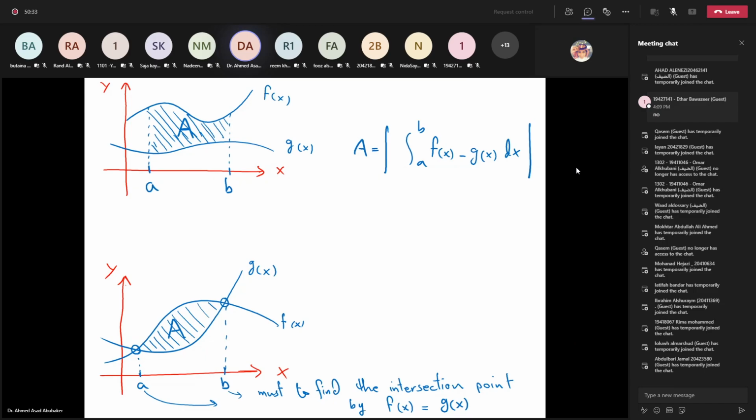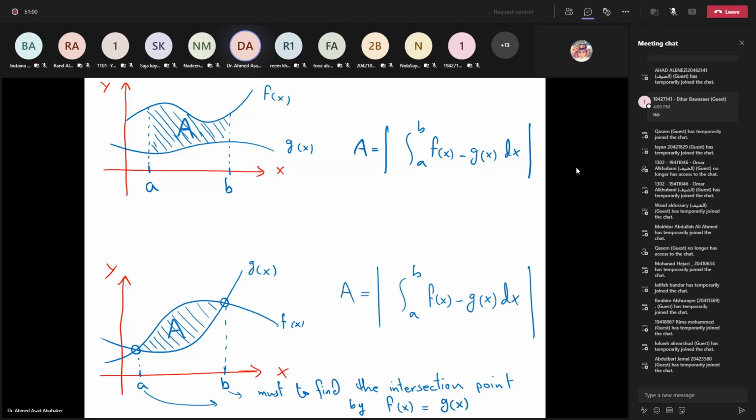To find the intersection point between two curves, you must solve the equation f equals g, or y1 equals y2, for example. Okay, so if we found this intersection point from A to B, we can find the area directly: the integral from A to B of f of x minus g of x dx with absolute value.